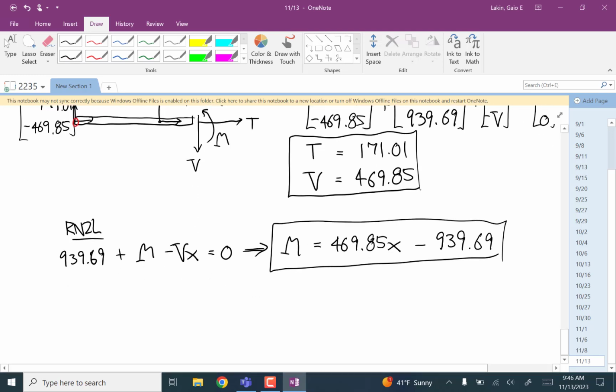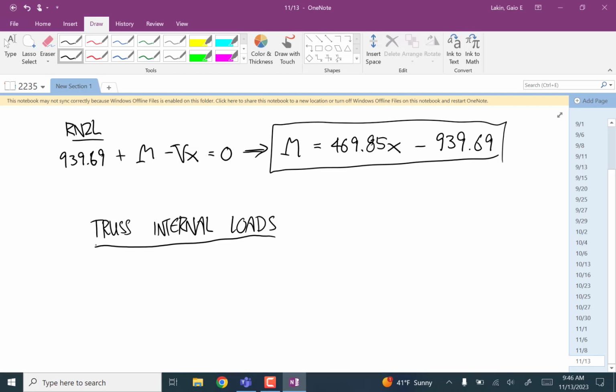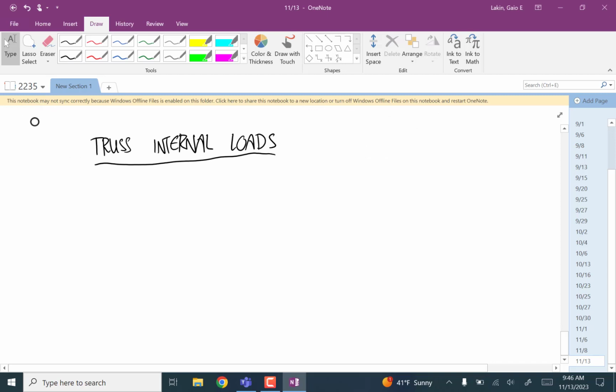Let me show you something real quick. I talked a little before, I haven't made you spend any time using truss simplifications, but I talked about what it was. How would things change if you had this same shape?